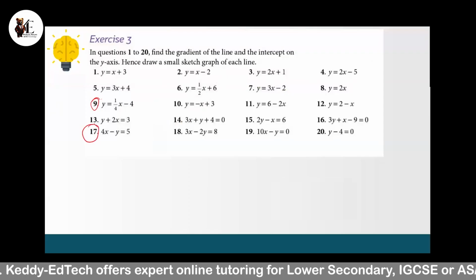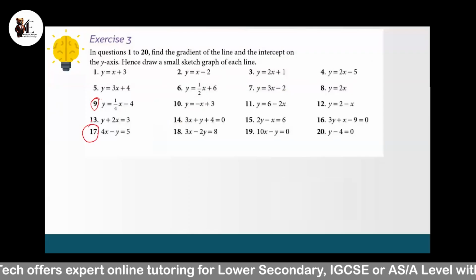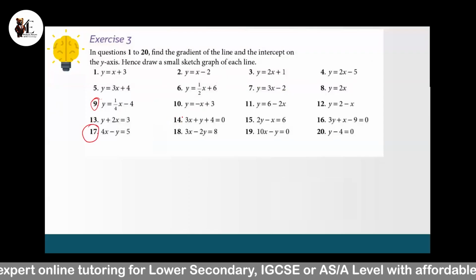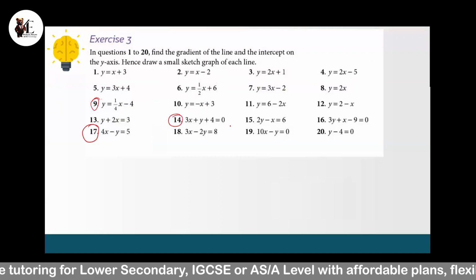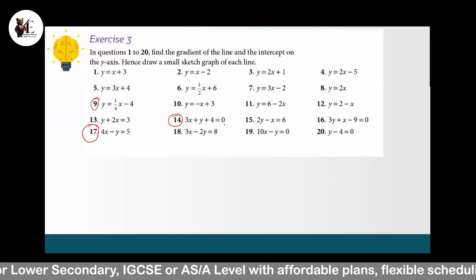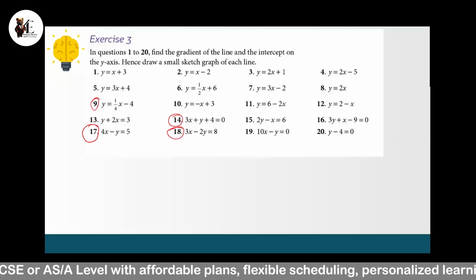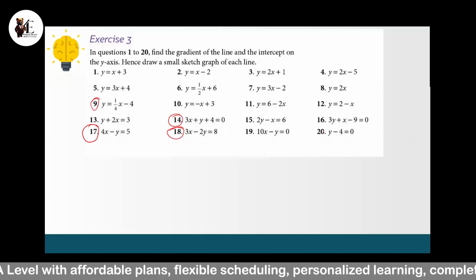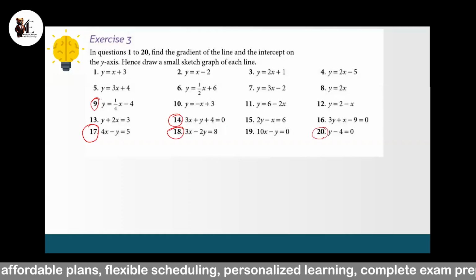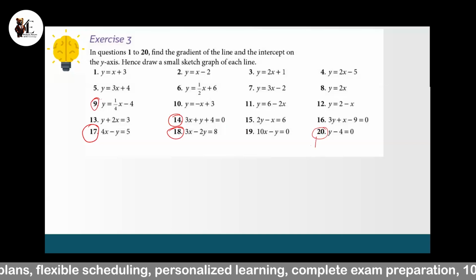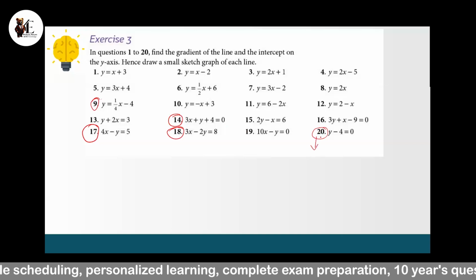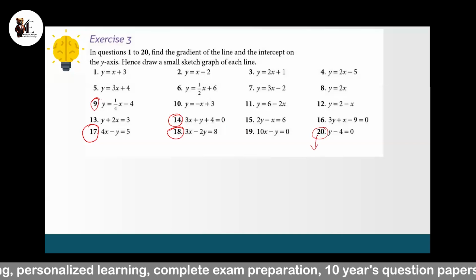Number 14. Number 18. And number 20. Okay. So what's your answer for number 20? It was kind of tricky, so I did not finish.